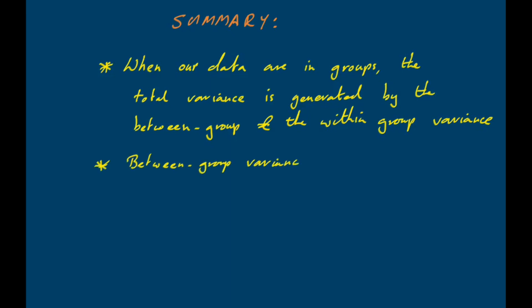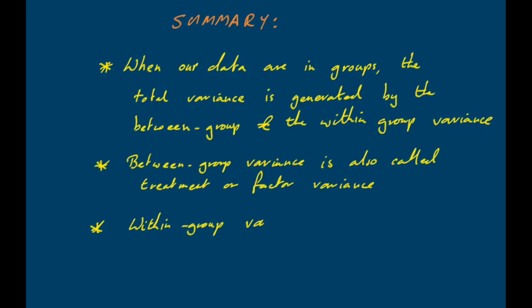The between group variance is not usually actually called the between group variance. People usually call it something like the treatment or the factor variance, depending on the kind of analysis that you're doing. And the within group variance is usually called something like the error variance or the residual variance.